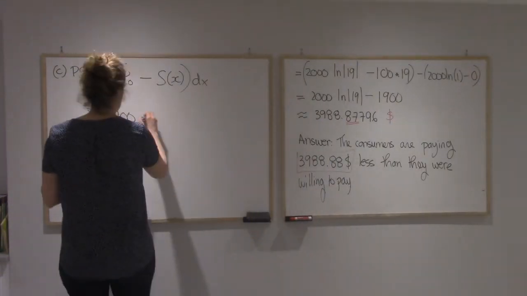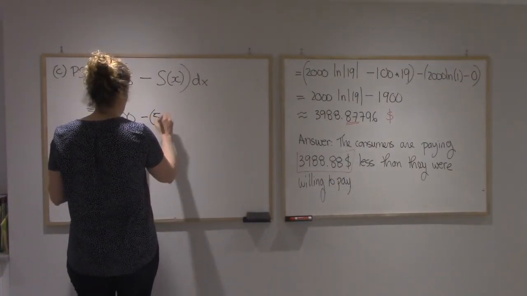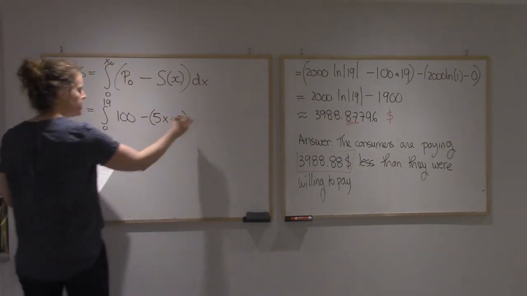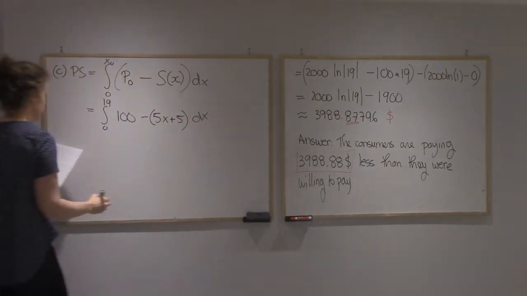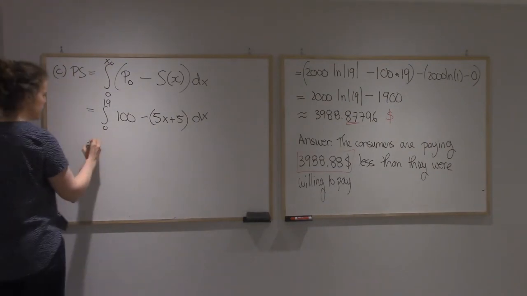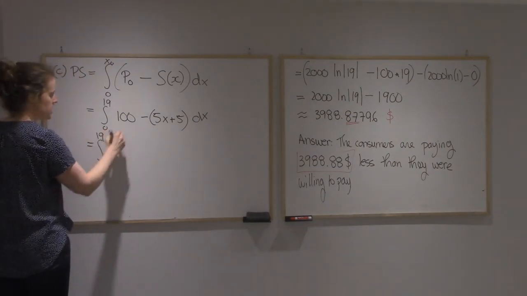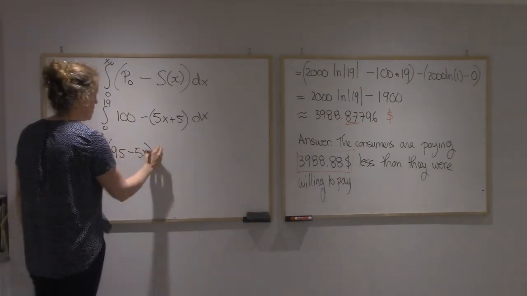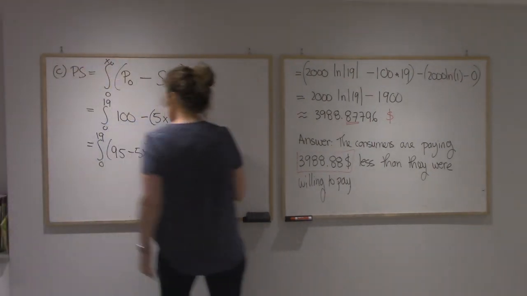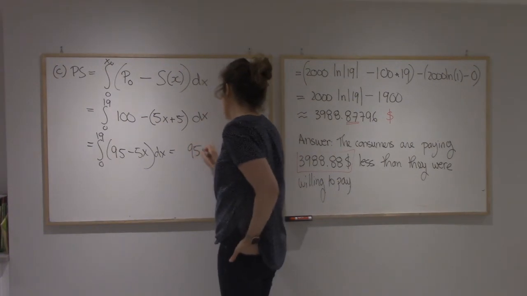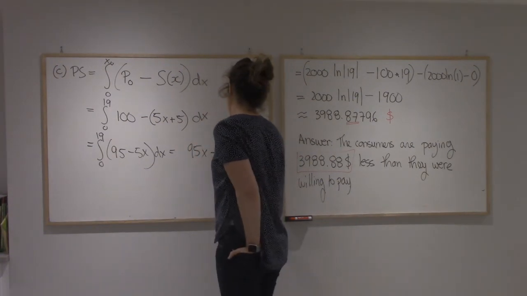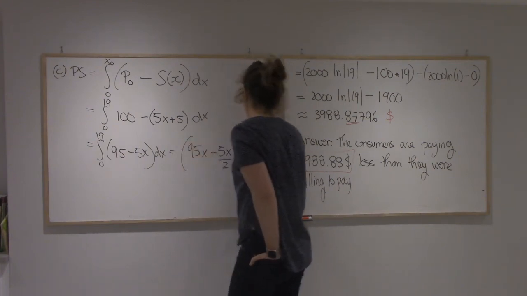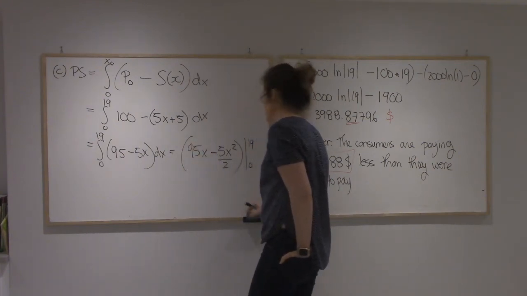I had 5x plus, let's distribute, so 5x plus 5 dx. So if I simplify this, I get the integral from 0 to 19 of 95 minus 5x. So that's not a hard integral. I get 95x minus 5x squared divided by 2 from 0 to 19.